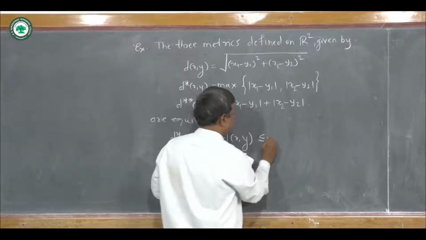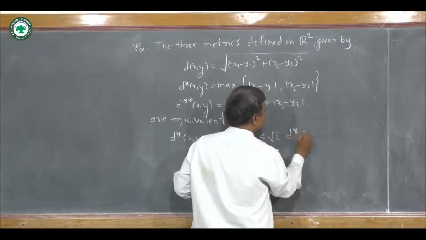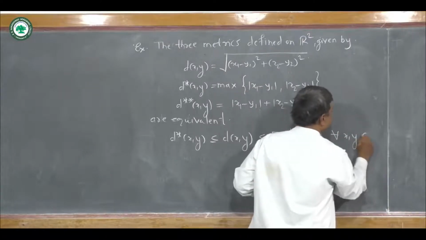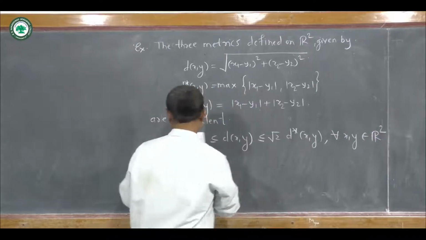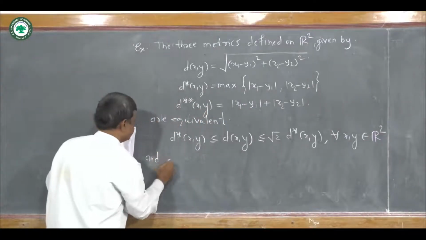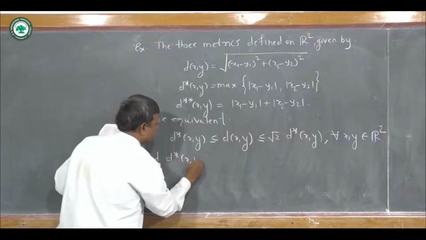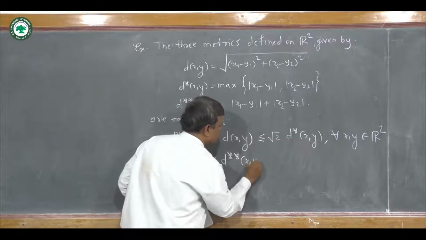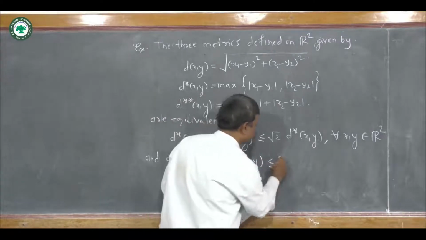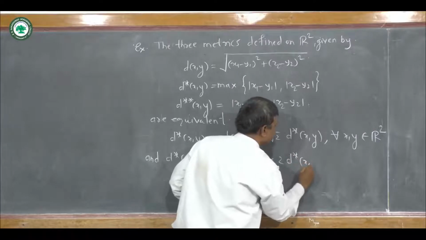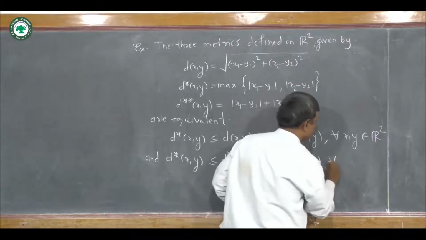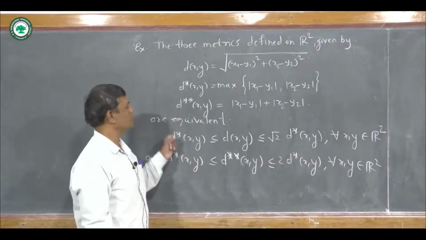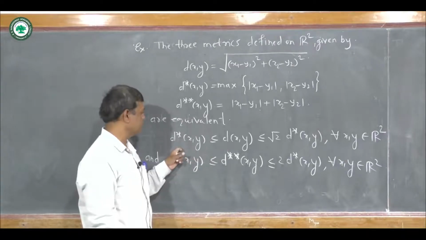This is less than or equal to root 2 into d star of x comma y for all x, y belongs to R2, and d star of x comma y, this is less than or equal to d star star of x comma y, this is less than or equal to 2 into d star of x comma y for all x, y belongs to R2. Now we are going to prove first here, that is this inequality here.